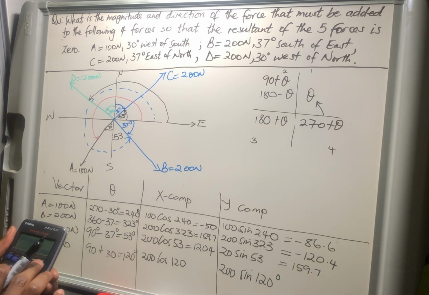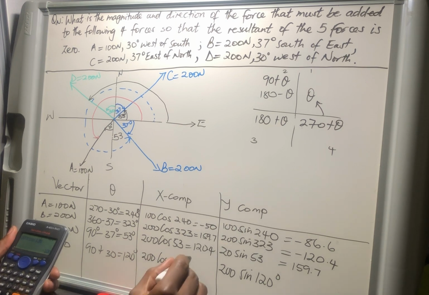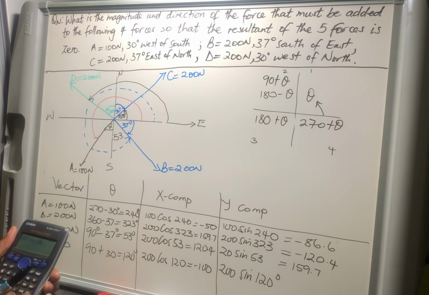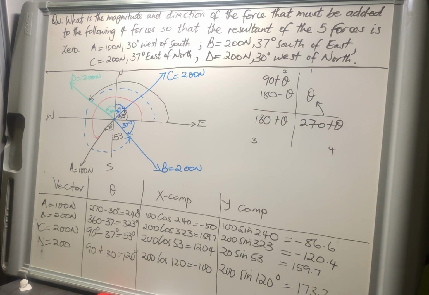Okay. Then you have 200 cos 120. You have negative 100. Then you have 200 sine 120. You have 173.2. So this is what we have. Hopefully it's visible.